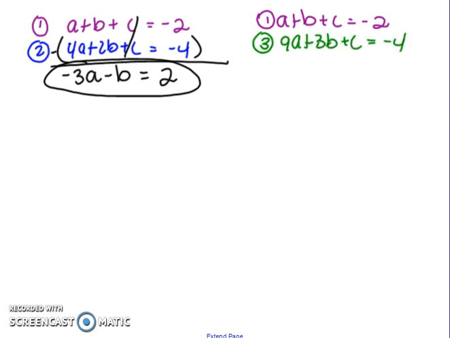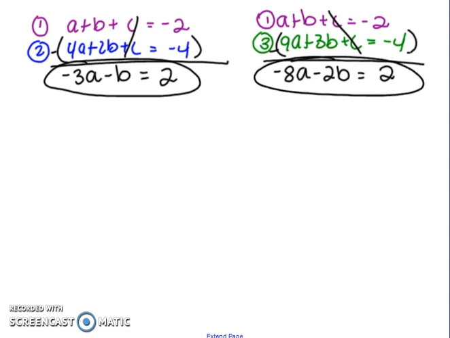And again, my c's I have to cancel out, and since they're both positive, I'm going to subtract. a minus 9a, I get negative 8a. b minus 3b is negative 2b. c minus c is gone. Negative 2 minus a negative 4 is 2.